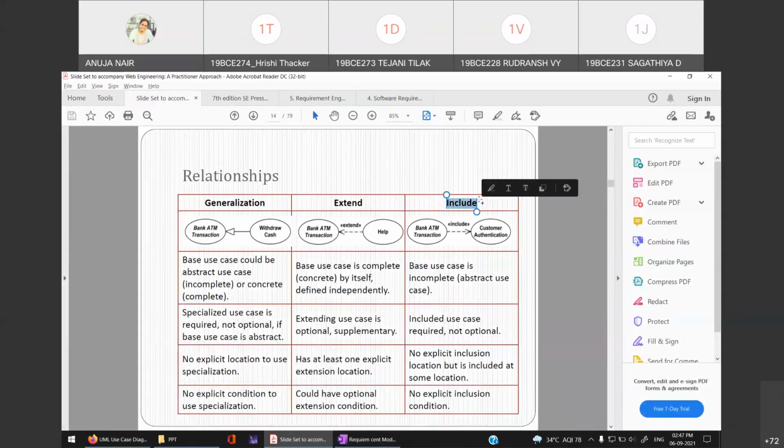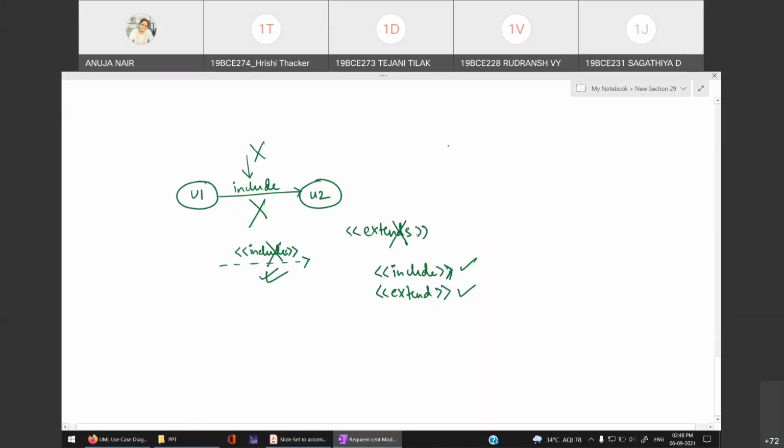Now let us understand the meaning of the include relationship. When you are making it in software, it will be a straight line itself. When you are writing it in the notebook, it's fine if you draw an arced line, because in a notebook it would be difficult to draw. So with the include relationship, you can understand the meaning from the name itself.